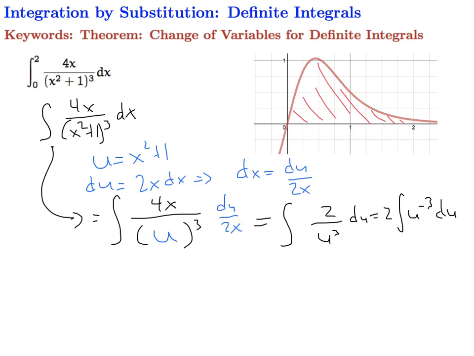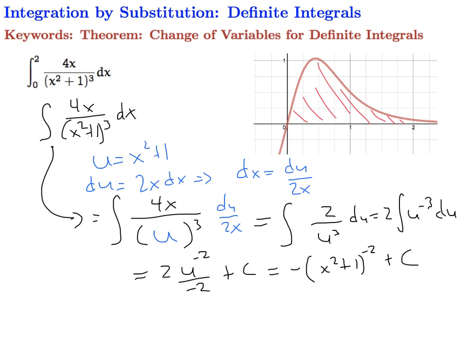So by reversing our power rule, we integrate this and we get 2 u to the negative second all over negative 2 plus c. And then we do our final replacement in terms of x. So what we end up with is negative, in parentheses, x squared plus 1 to the negative second plus c.